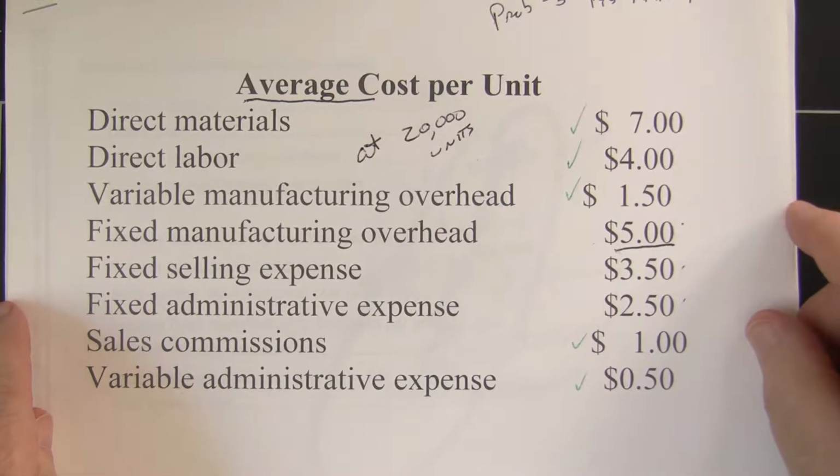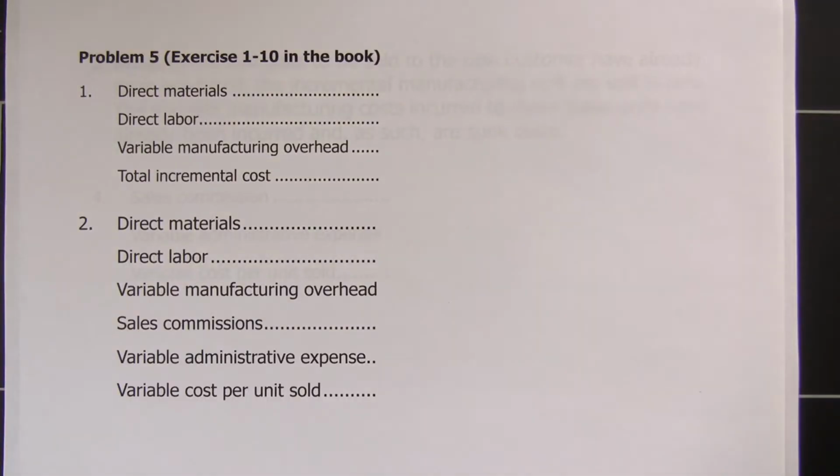Anyhow, first thing it asks us is, what is the incremental manufacturing cost if the company increases production from 20,000 to 20,001? Incremental. How much more is it going to cost us to make one more unit?